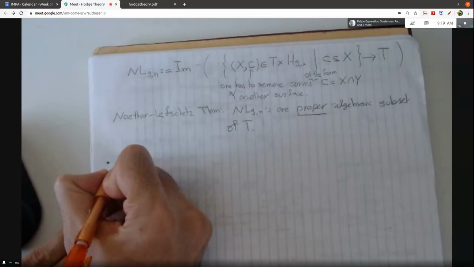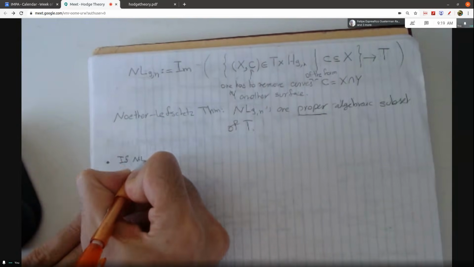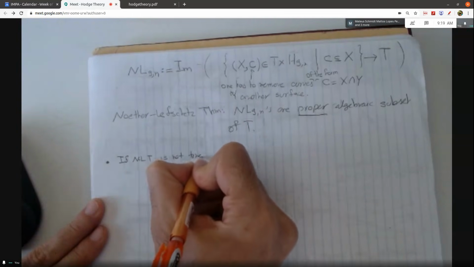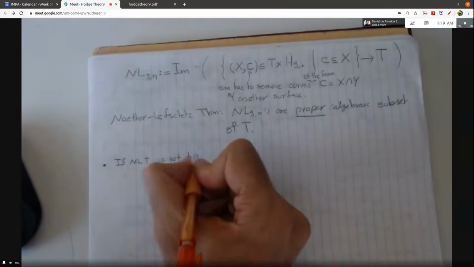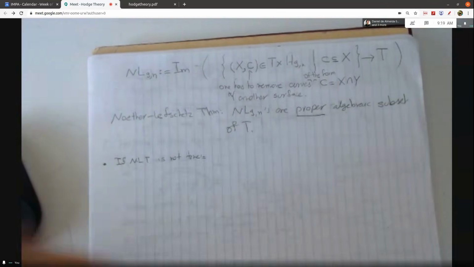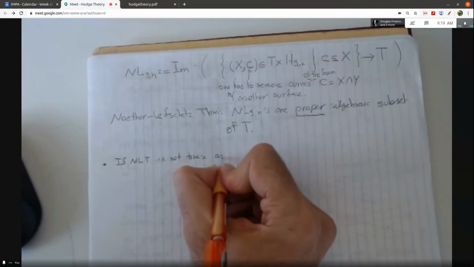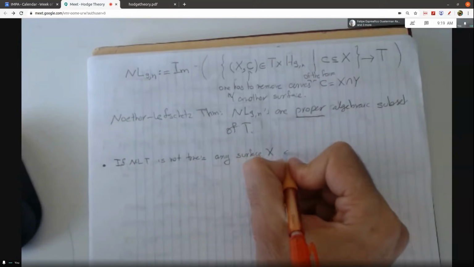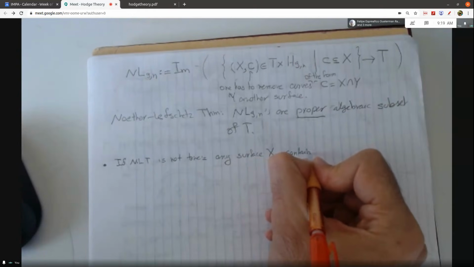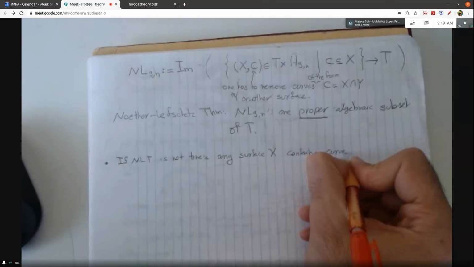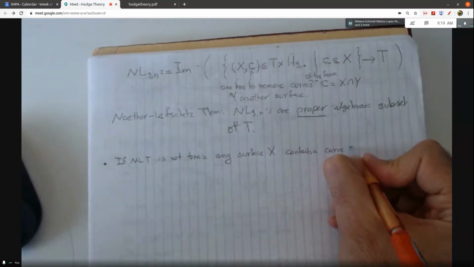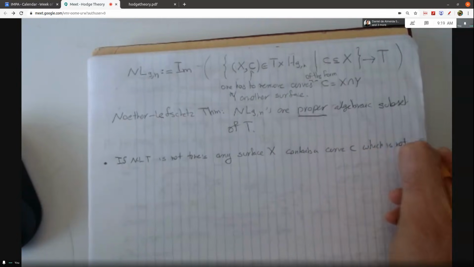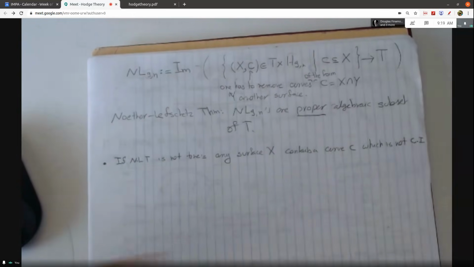If the Noether-Lefschetz theorem is not true, this means that any surface X contains a curve C which is not a complete intersection.